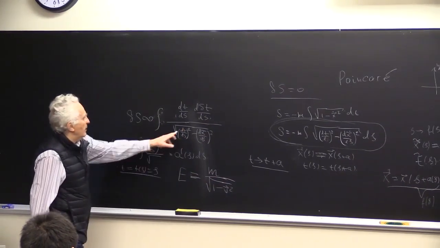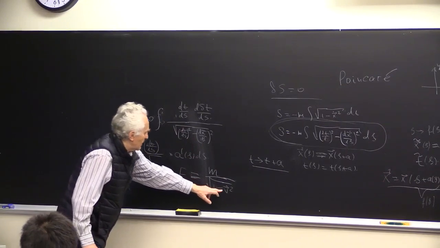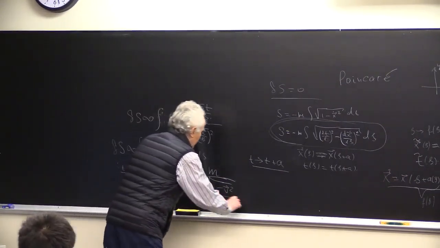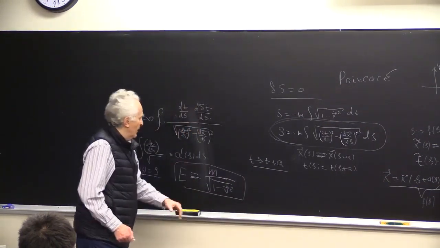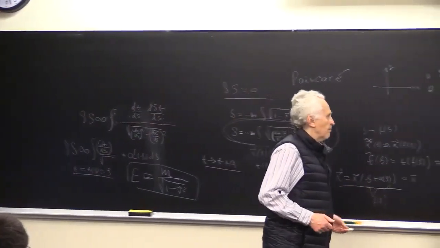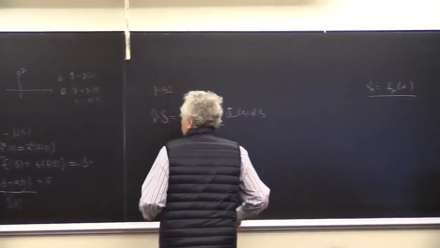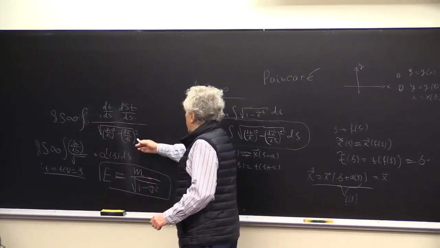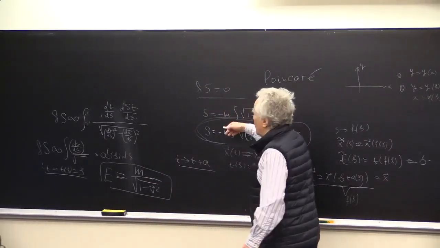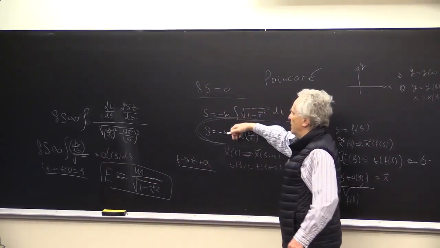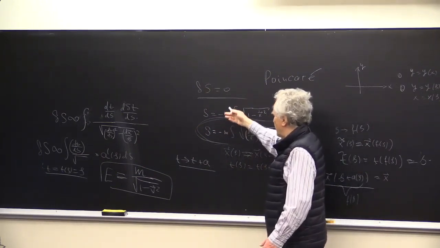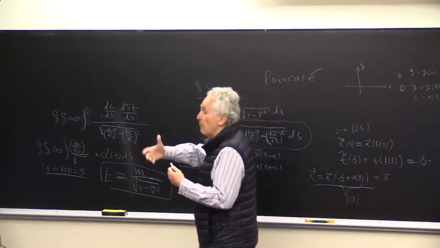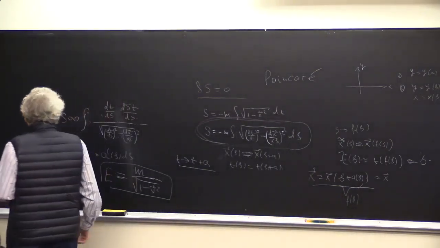The square root here, when t is equal to s, becomes velocity, and that's the famous E equals mc square expression, which follows from relativistic theory. Of course, symmetry considerations don't fix the coefficient here.